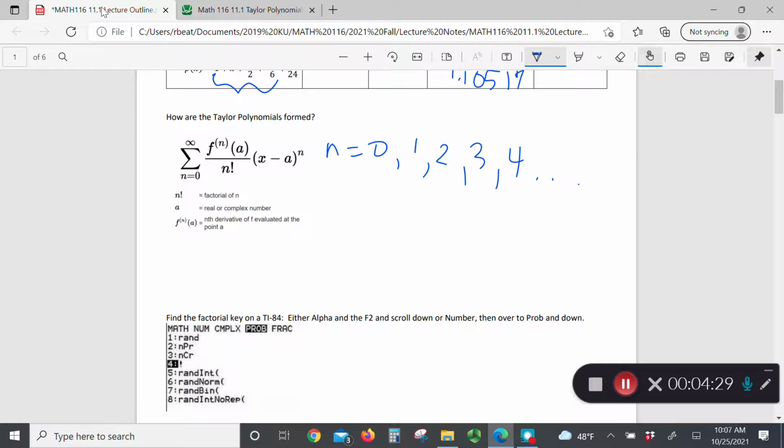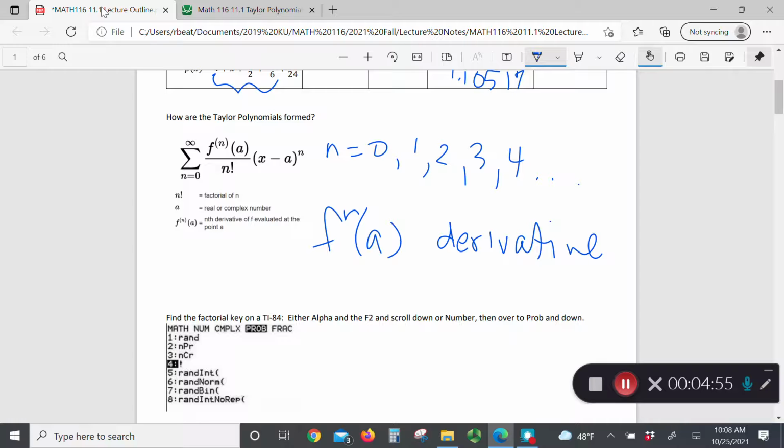When we're building this polynomial, the n on the f means the derivative. So f n of a means the derivative. So it's either the first derivative, the second derivative, the third, the fourth, and so on. F of 0 would mean just the function.